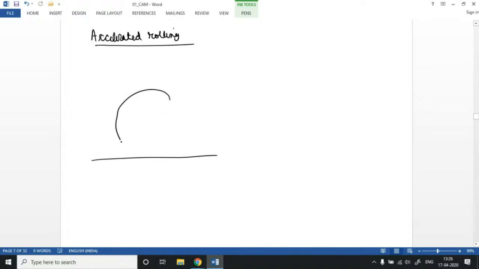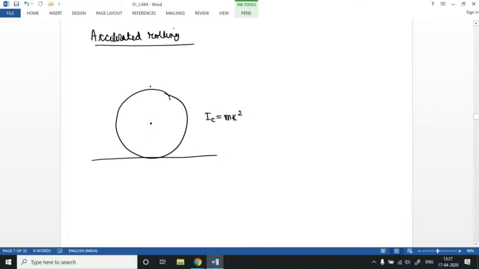So let's say this is a round body and its moment of inertia about its center is mk square.